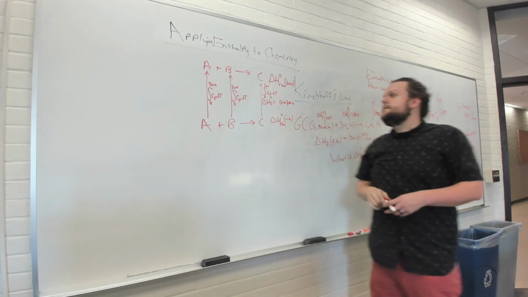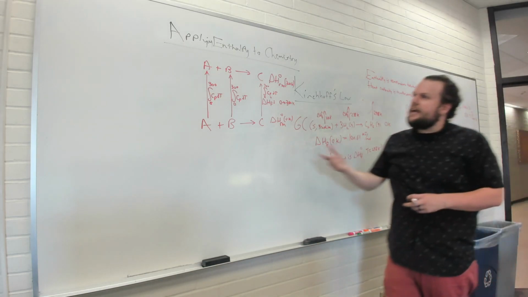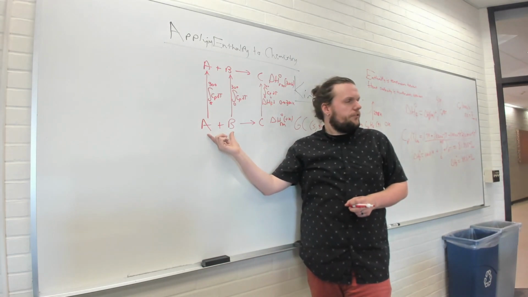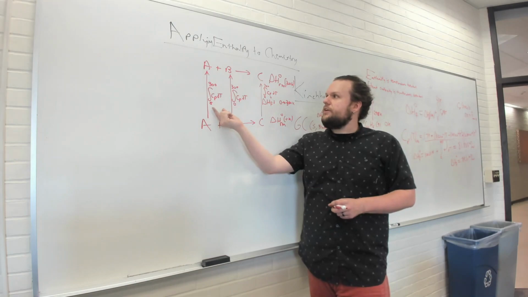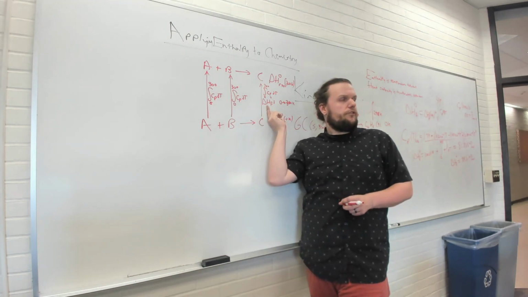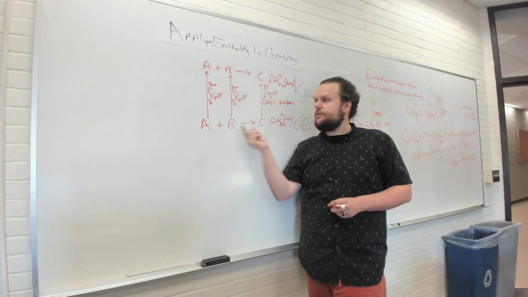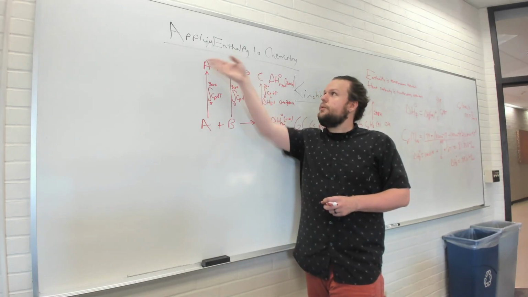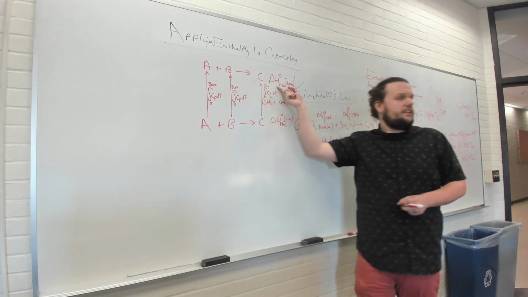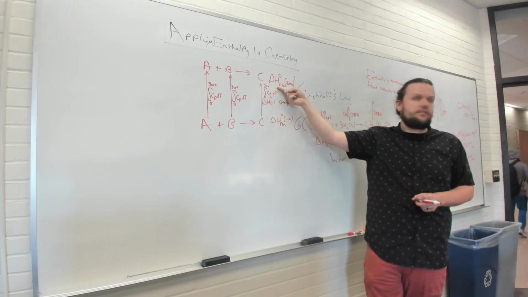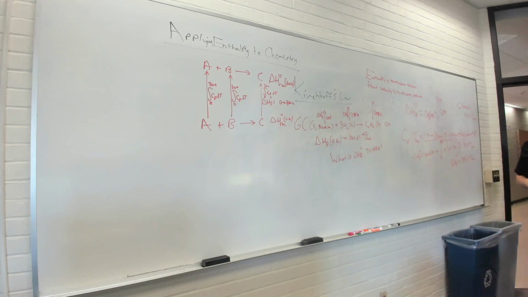So if A and B had non-zero enthalpies of formation, we could calculate the new enthalpy of reaction by calculating three integrals, one for each of the species in the reaction. That gives us new enthalpies of formation at 300 Kelvin, and then we just calculate the products minus the reactants at 300 Kelvin. And that's thanks to state functions.